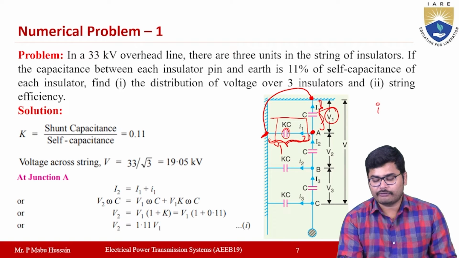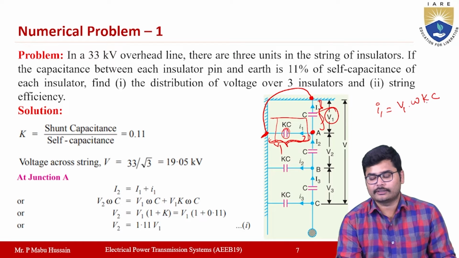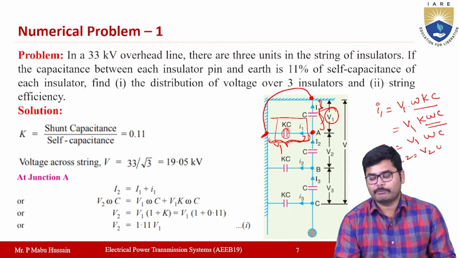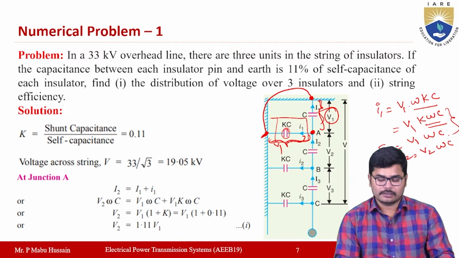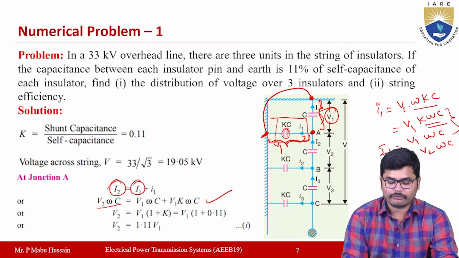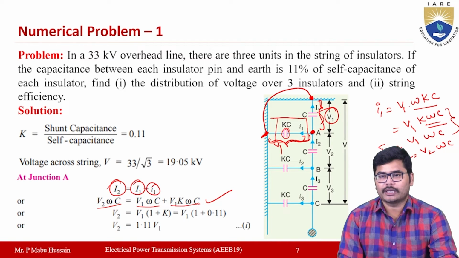In such a case, small i1 will be equal to V1 into omega K C, or simply V1 into K omega C. So small i1 is V1 into K omega C, capital I1 is V1 into omega C, and I2 is V2 into omega C. Now, using all three equations, we can write this equation: in place of I2, V2 omega C; in place of I1, V1 omega C; in place of small i1, V1 into K into omega C.